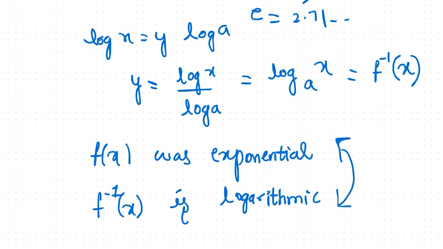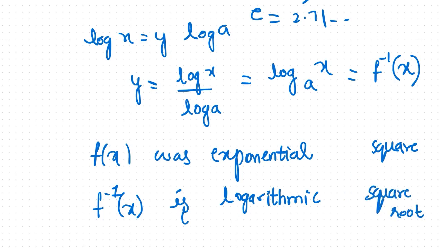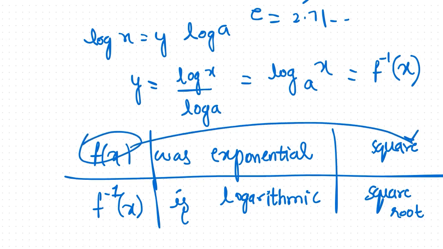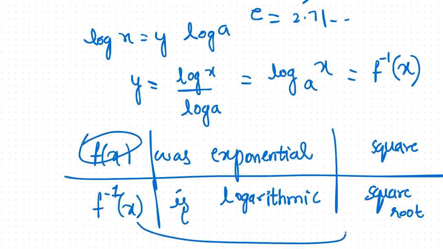And then square root, and what is square root the inverse of? Square and square root are inverses of each other. So if f of x is the square function, a parabola, the inverse will be the square root.